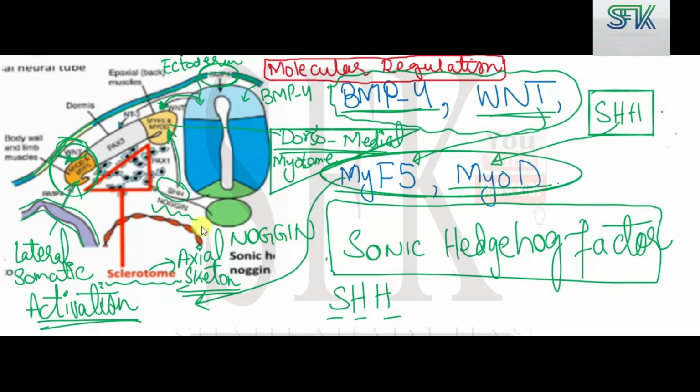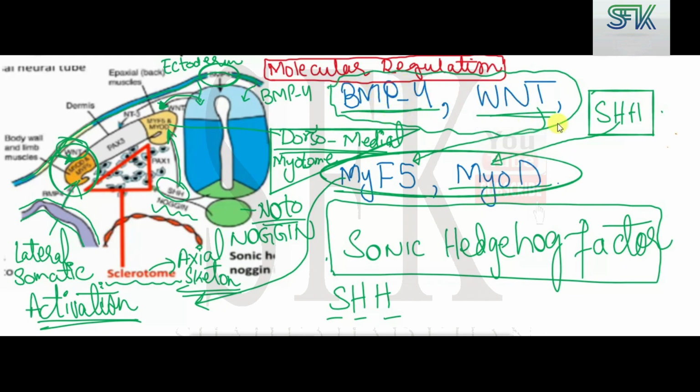Noggin is secreted by the notochord. The notochord secretes the noggin protein. So the noggin and the sonic hedgehog both activate the sclerotome, but that's not our concern. We were mainly concerned in this lecture with the activation pathway of muscle development.